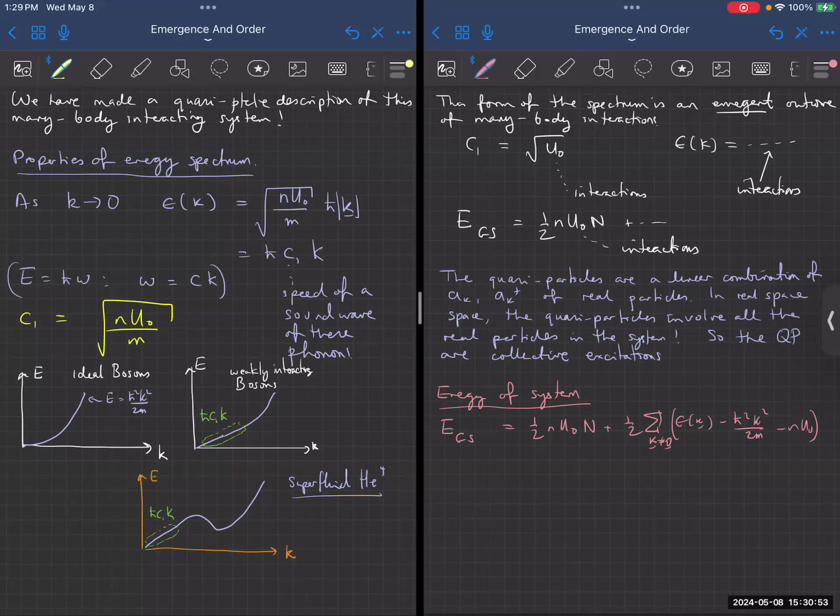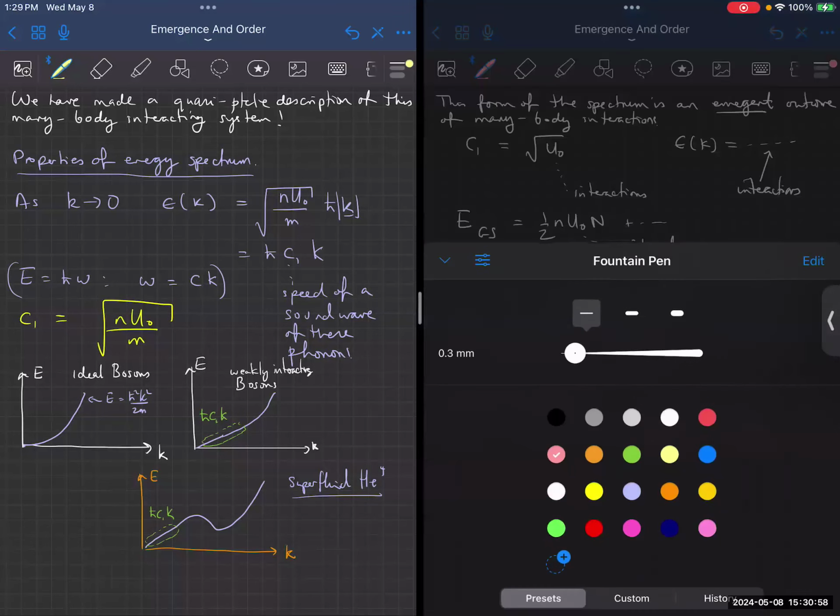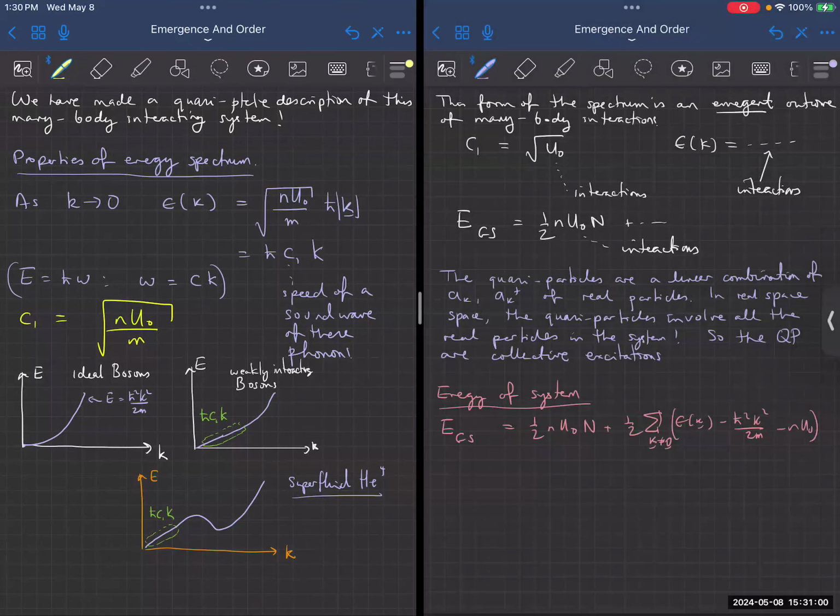What this is going to end up looking like is I'm going to convert this sum to V over 2 pi cubed times the integral d3k. So that's the density of states in k space. We talked about that before, and so what happens is this is going to be a term.